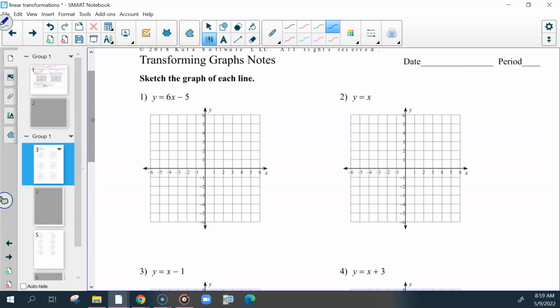Draw in the one that's given. And then also draw in your original, which is always going to be y equals x. So that would start at 0, 0 and have a slope of 1.